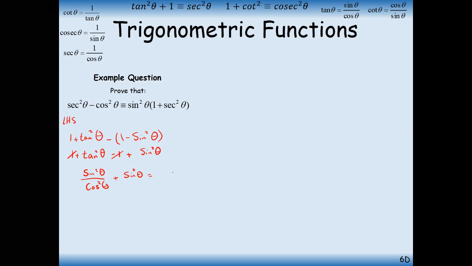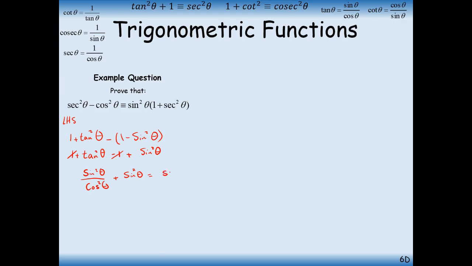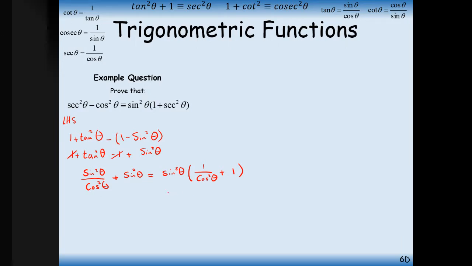What you notice is that we can factorize the sine square out of both of these terms, and inside the bracket we'll end up with 1 over cos square theta plus 1 simply, because we factorized sine square, and we can rewrite this as sine square theta.